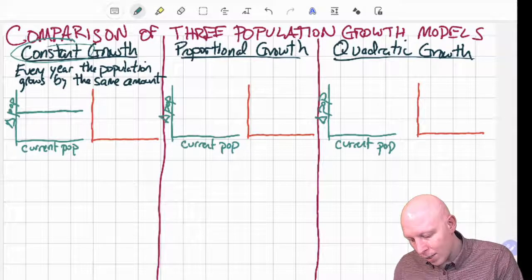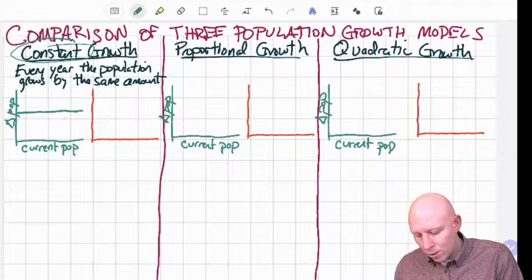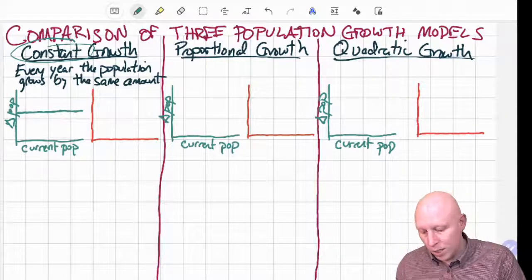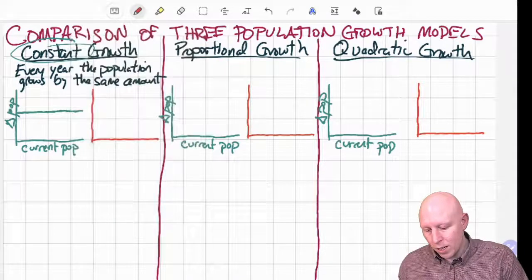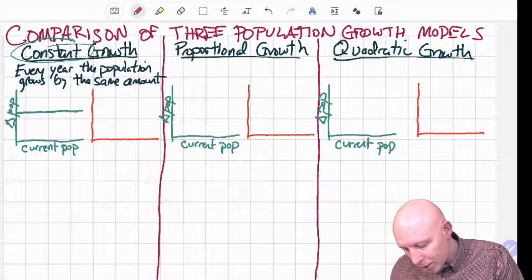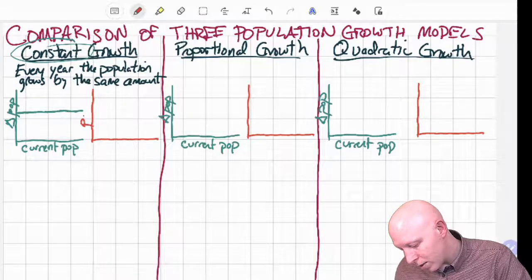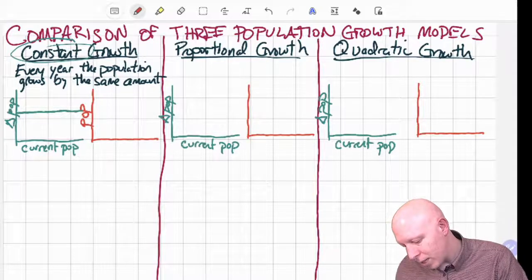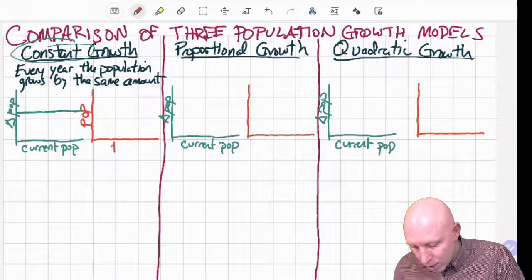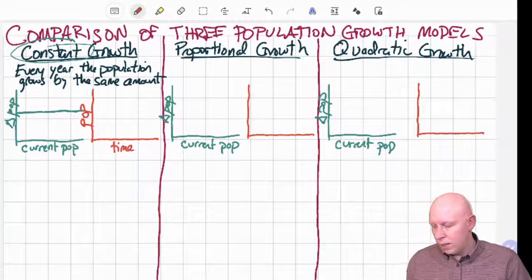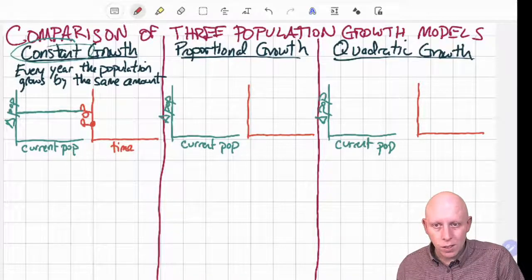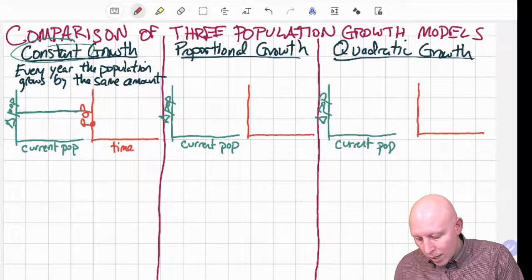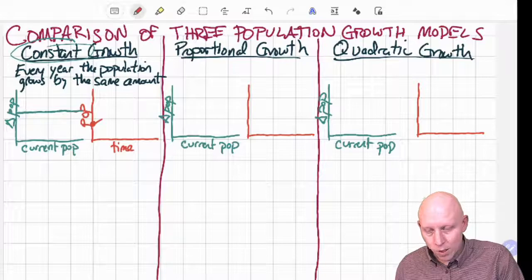All right. So this constant growth is this green picture. So what does that translate into in terms of the population over time? This other picture is the population over time. Whatever our first value of the population is, the next year we add the same amount.